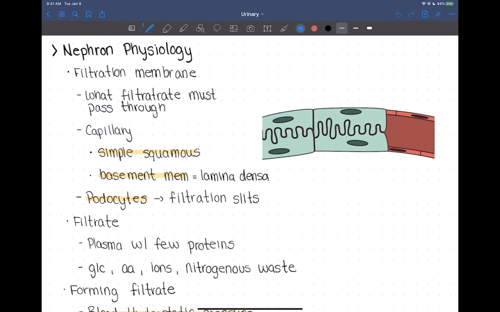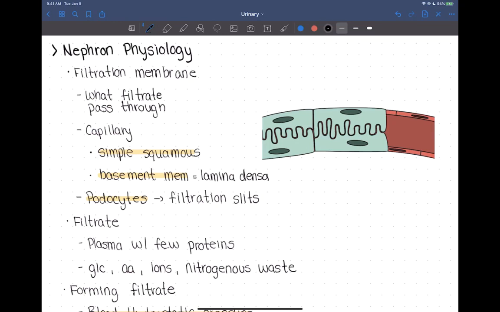So the filtration membrane in the kidney consists of the different structures that the filtrate must actually pass through in order to become the actual filtrate, right?